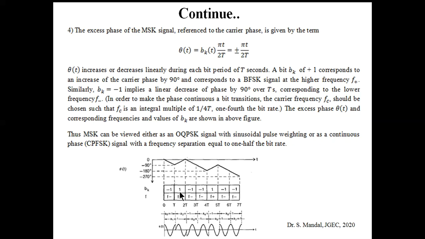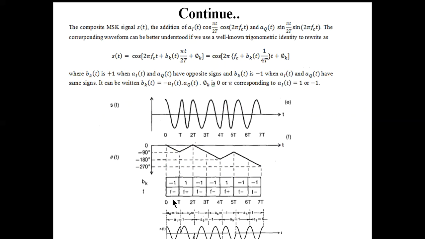So it should be kept in mind that whenever bk is minus 1, the frequency is reduced. When bk is plus 1, the frequency is increased. So again, if you see this, coming to this minus 1, here you can see that there is a reduction in the frequency, but when there is 1, in that case the frequency is higher, that is f plus.